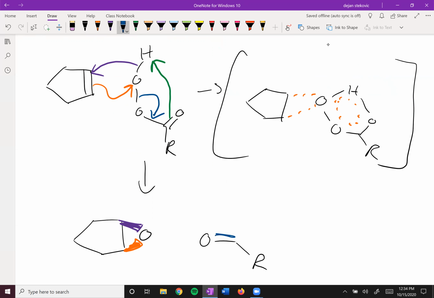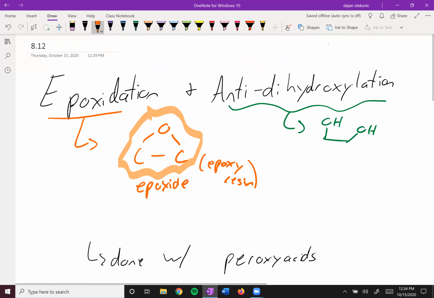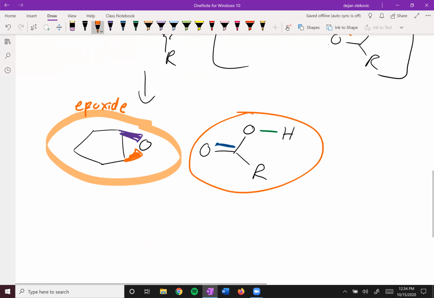We see that we form this double bond from these blue electrons. And then we form an OH bond using our green arrows. And so you can see that we've formed an epoxide here. And on the other side, we've reduced our peroxy acid down to a carboxylic acid. So there's the epoxidation step, right? We formed an epoxide there using mCPBA.